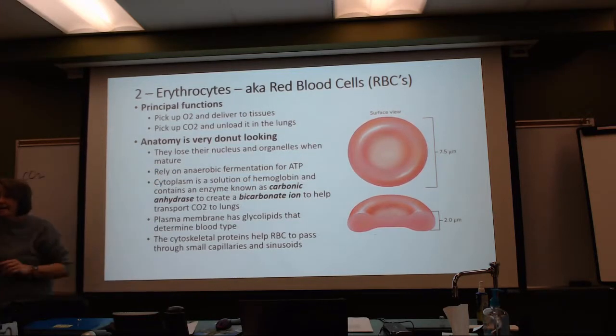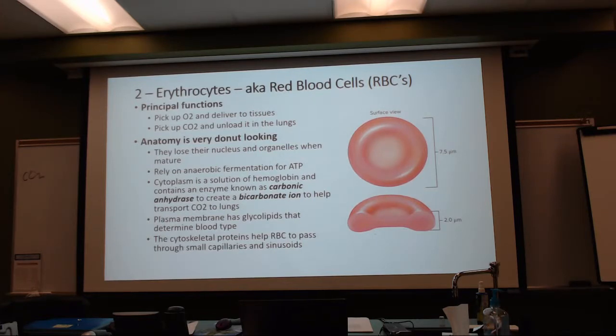Now remember, from the time that the red blood cell gets produced until the time it's mature, roughly 5 to 7 days, in that time frame, the only thing that it's doing is making hemoglobin, because that's what the DNA in the nucleus of the red blood cell wants to code for.